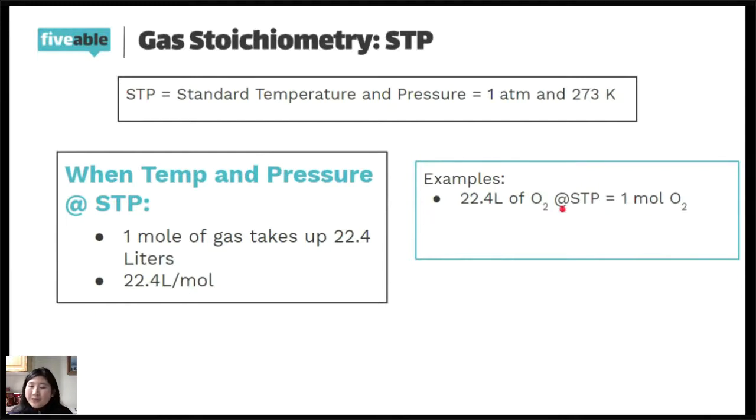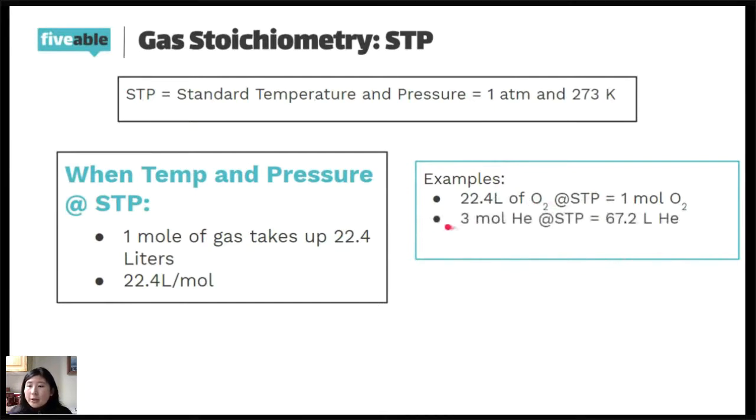So if the AP exam ever gives you this much oxygen gas and tells you that it is at STP, you automatically will know how many moles there are.